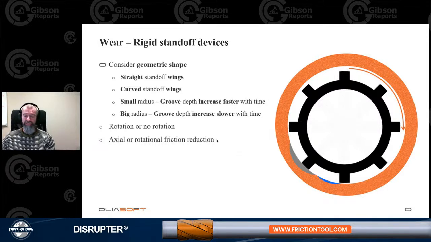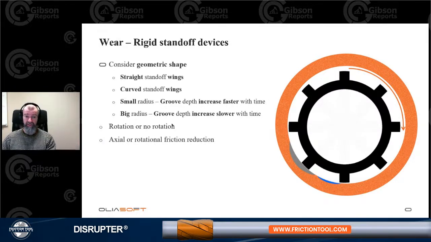What needs to be taken into consideration is that if you are running these down, they will affect the wear grooves in a very different way compared to running a normal drill string. If they have a small radius, the groove depth increases a lot faster with time.